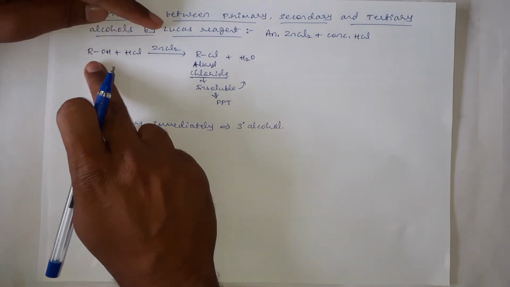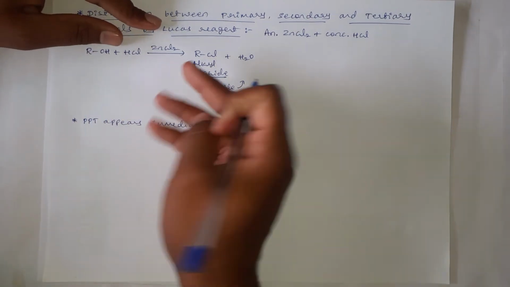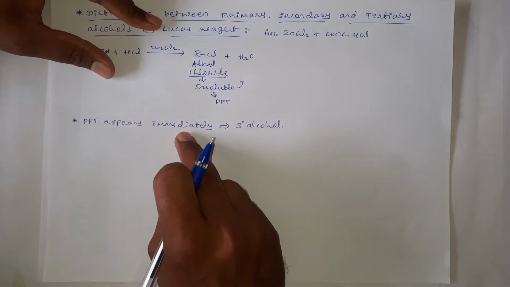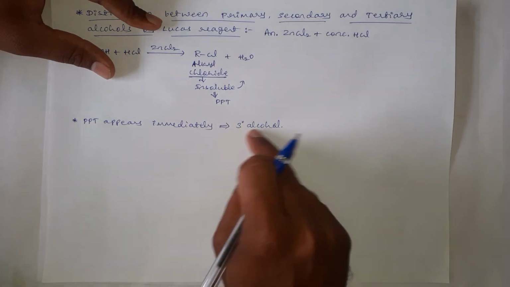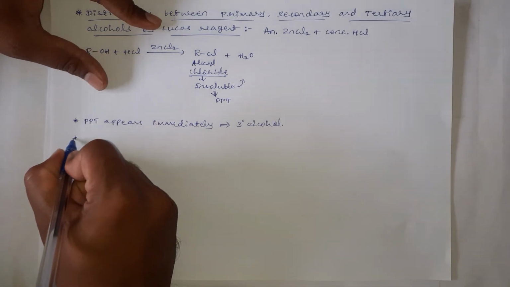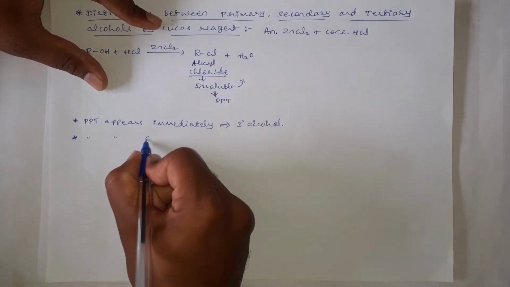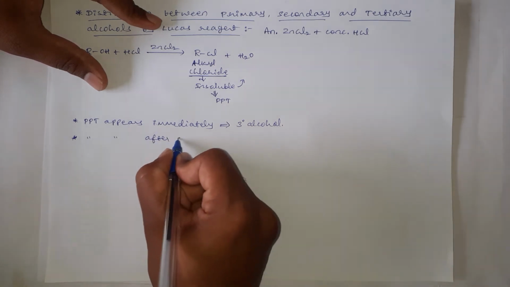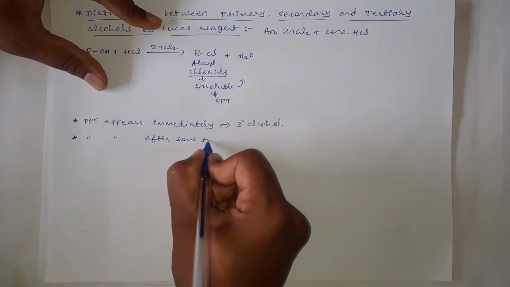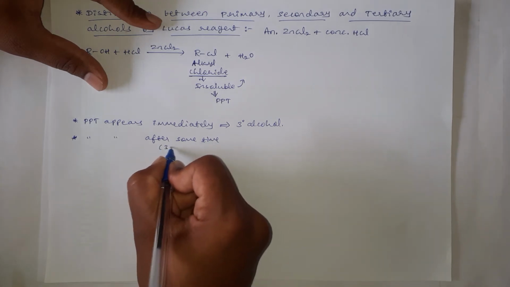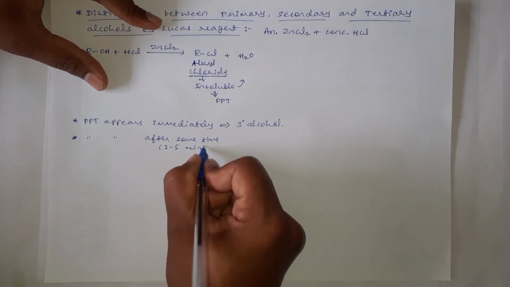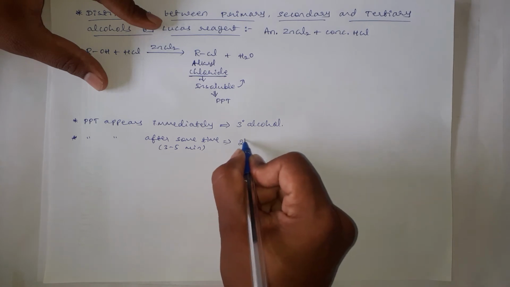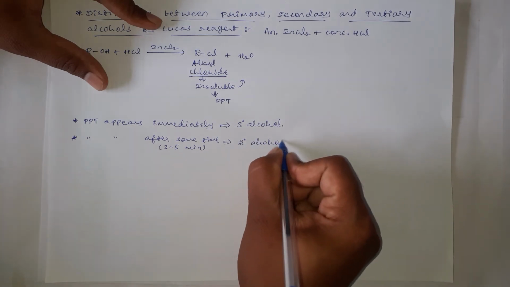If the alcohol reacts slowly with the Lucas reagent and forms a precipitate after some time, that is for about 3 to 5 minutes, then the given alcohol is a secondary alcohol.